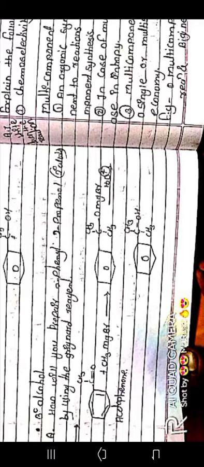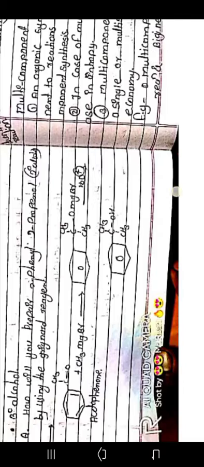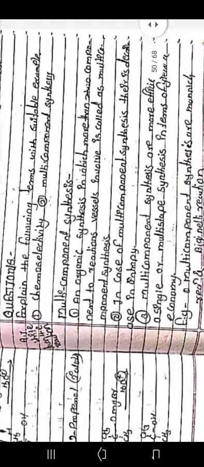Acetophenone is the starting material that reacts with CH3MgBr, methyl magnesium bromide, forming the magnesium alkoxide, and with H3O+ it gives the tertiary alcohol as the product.